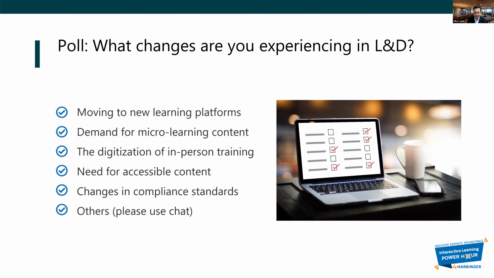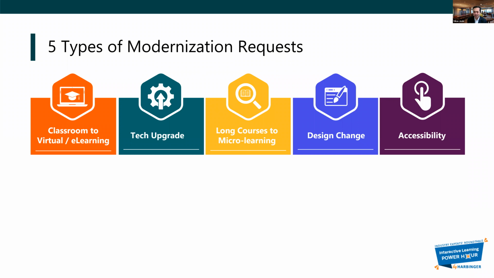And when we analyze those requests, we see that they fall into one of 5 types of modernization requests. Classroom to virtual: something that was done in a classroom and now they need to go virtual. So some of the supporting materials, like the PowerPoint slide decks, need to be repurposed for that kind of delivery. Second, technology upgrade.